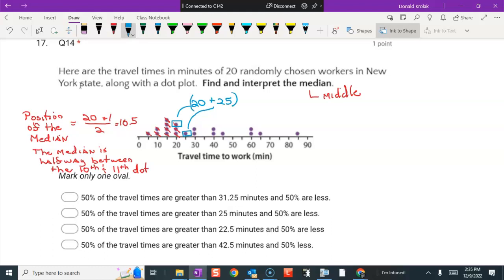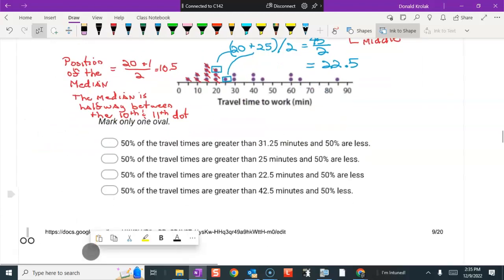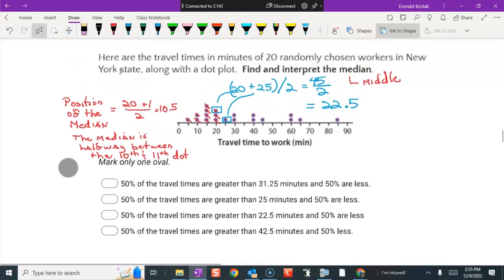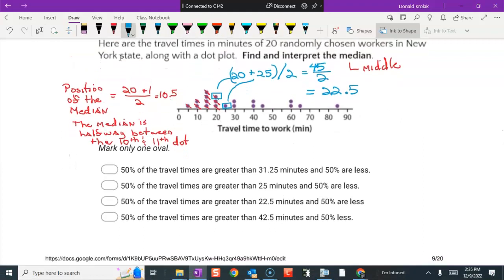So we're going to add those two up and then divide that by 2, which is 22.5. Okay, so by definition, it's the middle, so 50% of the travel times are greater and 50% are less than the median right there.